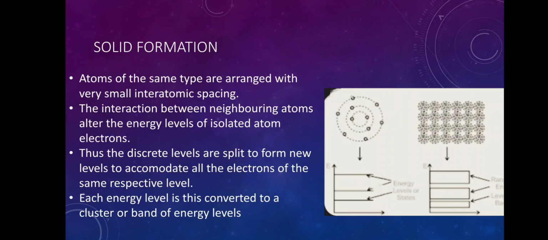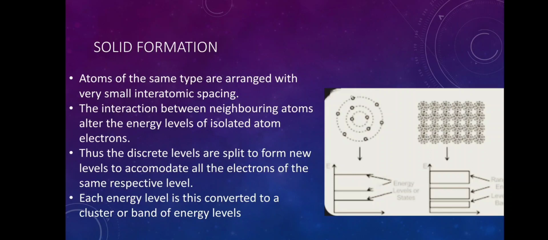Okay, so this causes an alteration in the energy levels. In the isolated atom, they were occupying certain specified energy levels, and those energy levels will be slightly altered due to the interaction between the neighboring atoms.